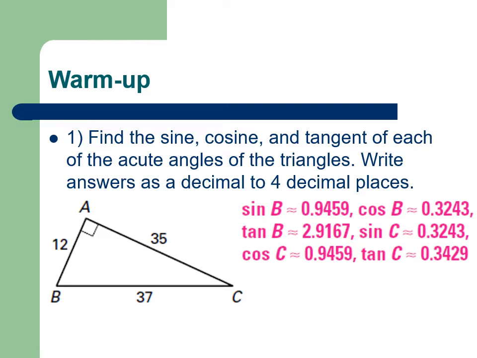Now, when you do the same thing for C, you'll notice a couple of things. I just want you to look at those answers and make some observations to yourself as to what happens, what's the same.